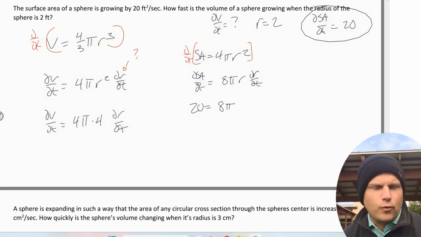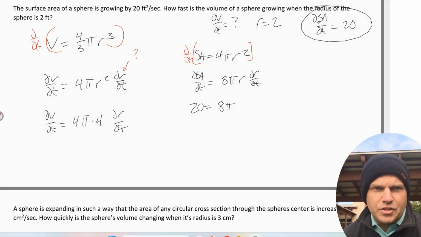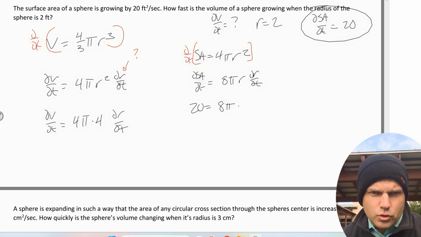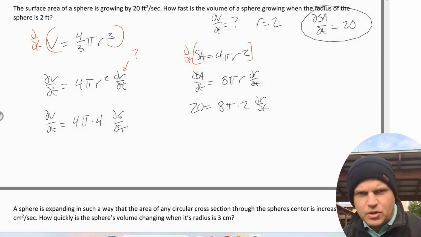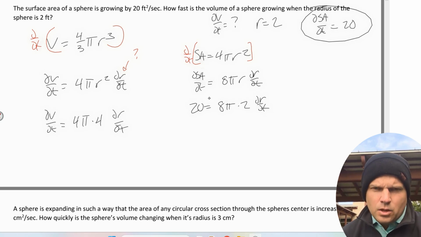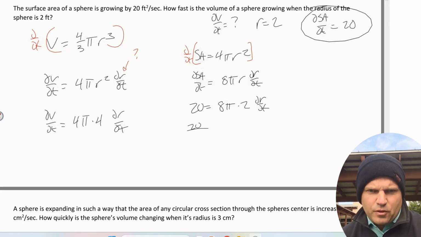So I have the change formula for the surface area. I have dSA/dt is 20. I have r is 2. I want to find dr/dt so that I can substitute it in there. So maybe we can just keep this like that and then simplify off of that. Turn this into a 10.